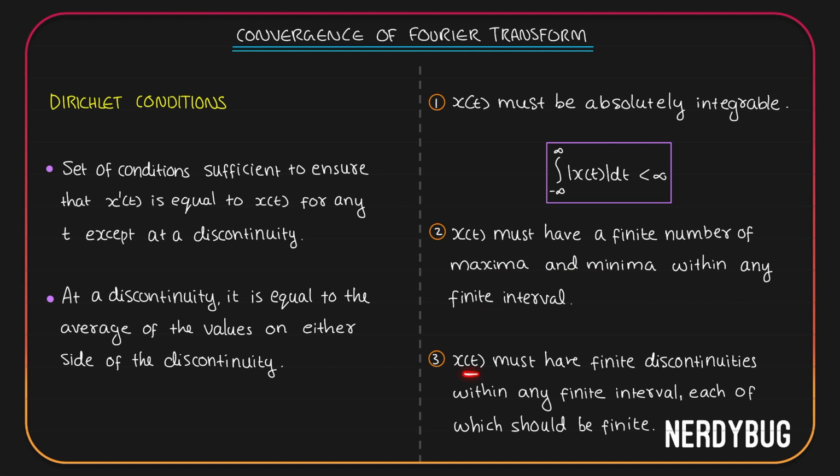The third condition is that x of t must have finite discontinuities within any finite interval, and each of these discontinuities should be finite. We discussed the explanation to each of these conditions in the Fourier series video. If you haven't watched it, please go watch it.